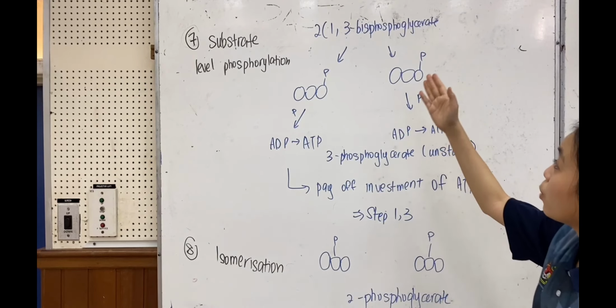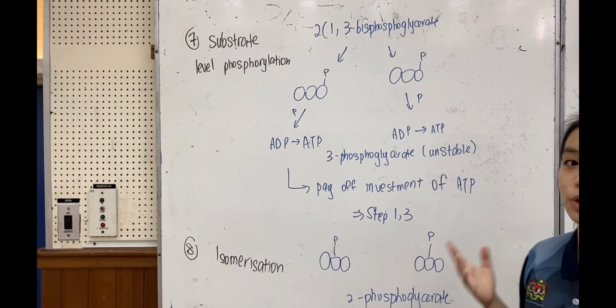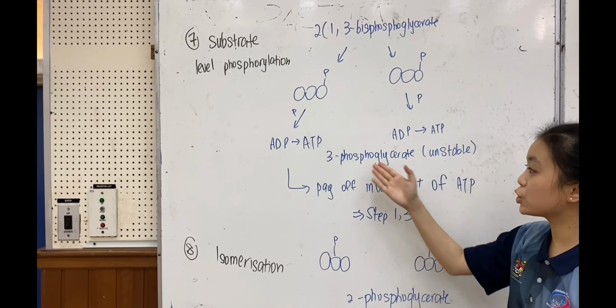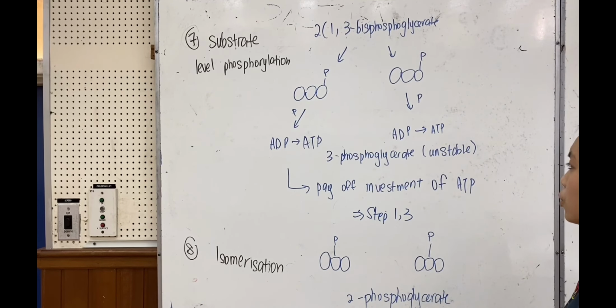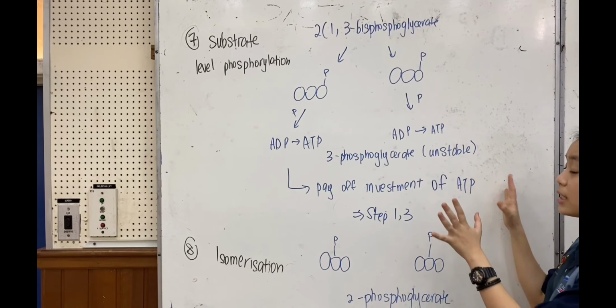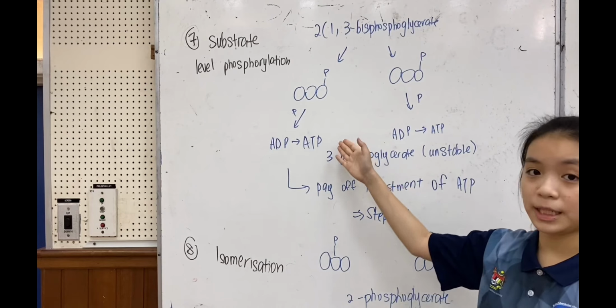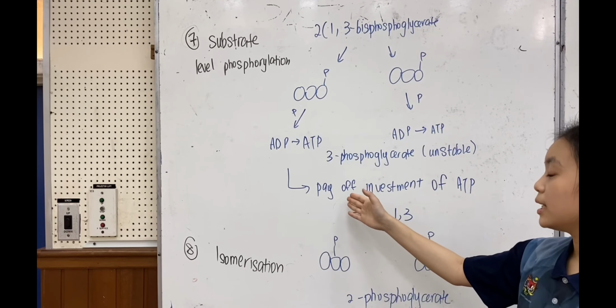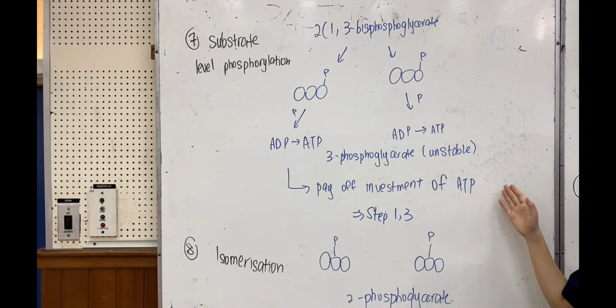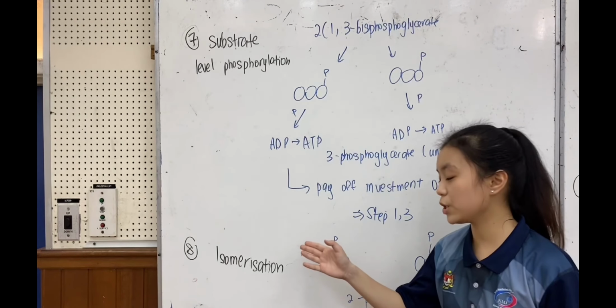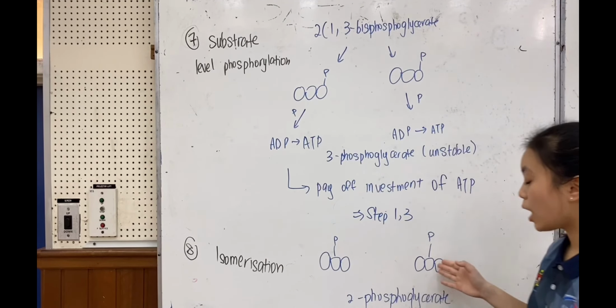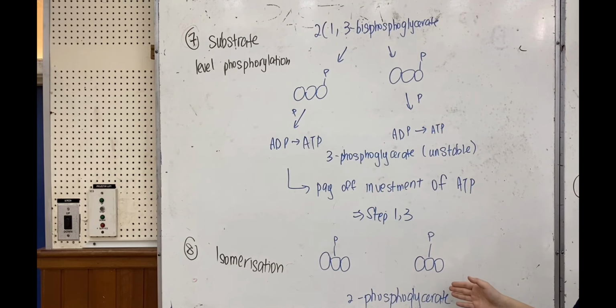After releasing 1 phosphate, 1,3-bisphosphoglycerate changes into 3-phosphoglycerate, which is unstable. After ADP accepts the phosphate, the investment of ATP in steps 1 and 3 is already paid off. Since 3-phosphoglycerate is unstable and reactive, we go to step 8, isomerization, and gain 2-phosphoglycerate.